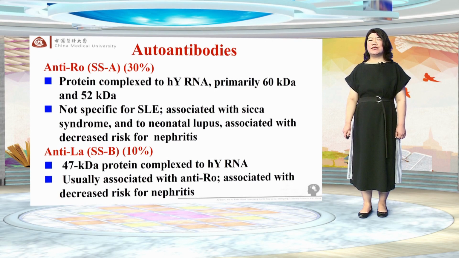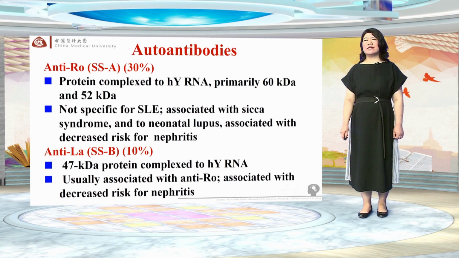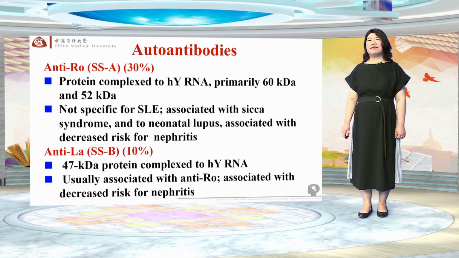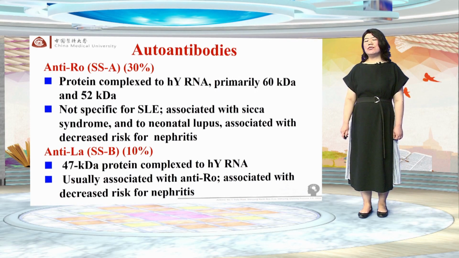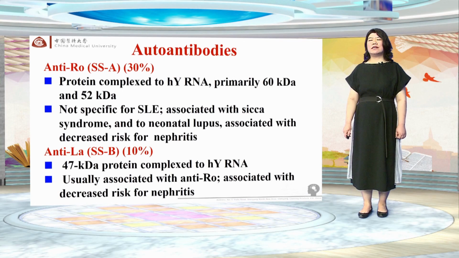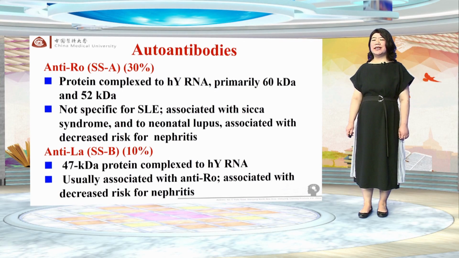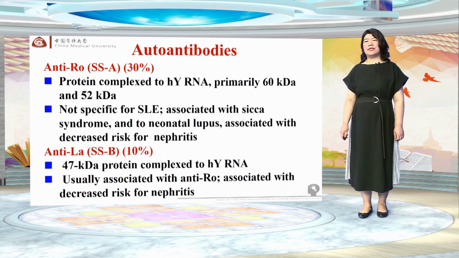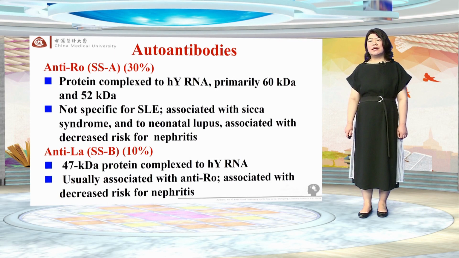The antigen for this antibody is a protein complex bound to RNA, usually 60 kD or 52 kD. It is also not specific for lupus, but it is associated with Sjögren syndrome, with neonatal lupus, and also with a decreased risk of nephritis.